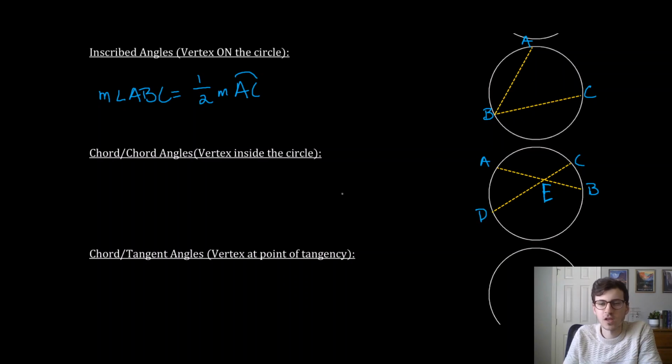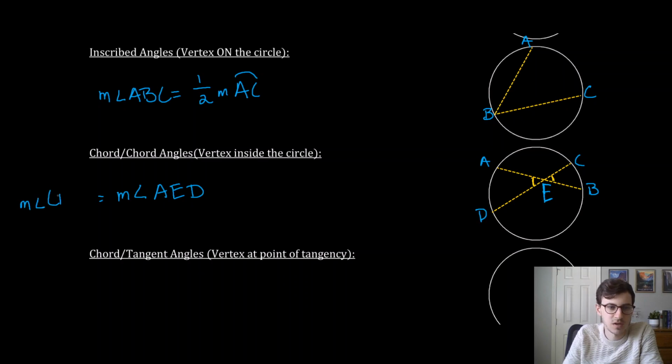Now, how do these relate to each other? Well, the measure of angle AED, because remember, these two angles are congruent to each other, so this would also be the measure of angle CEB, is equal to the average of the arc lengths.